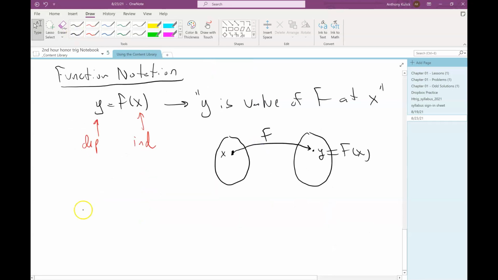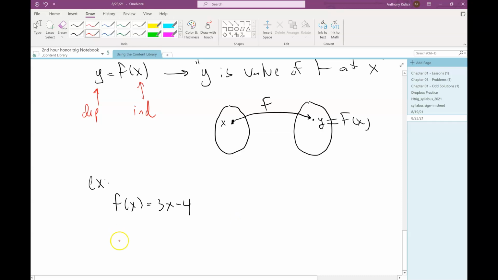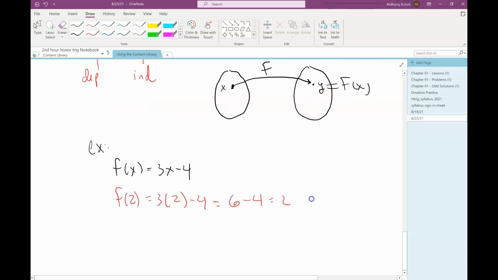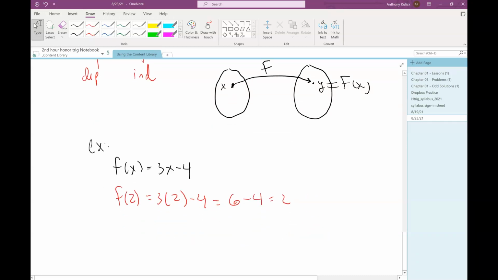And we know symbolically, let's say we have the function f of x equals something like 3x minus 4. If I want f of 2, all that really means is we're just plugging 2 in for x. Right? So f of 2 is equal to 2.